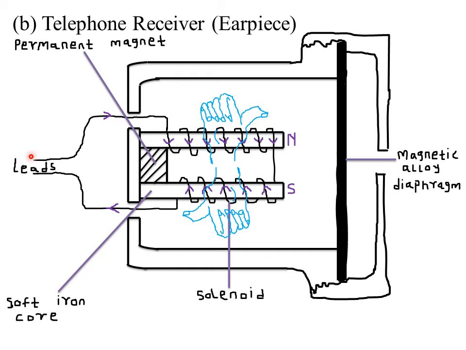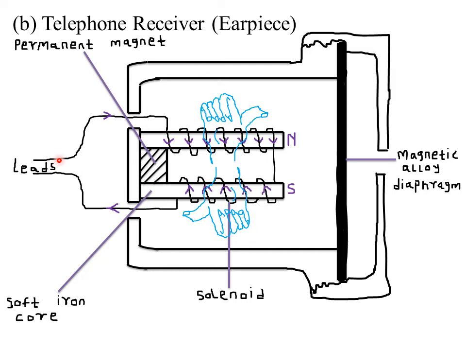The vibration of the coil within a magnetic field causes the induction of a varying electric current, having the same frequency as the sound waves produced.